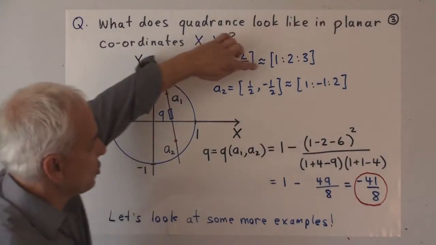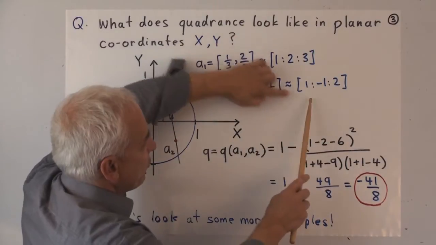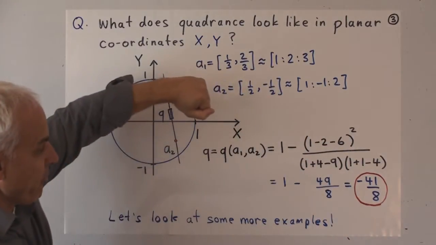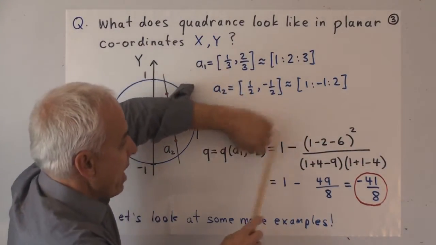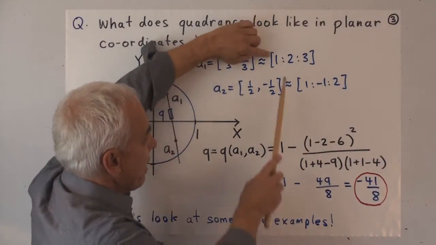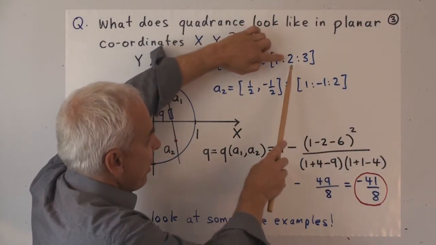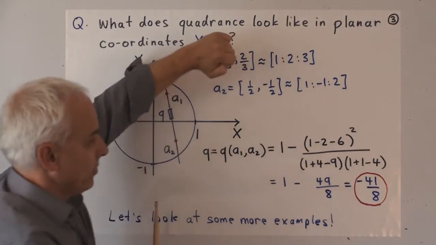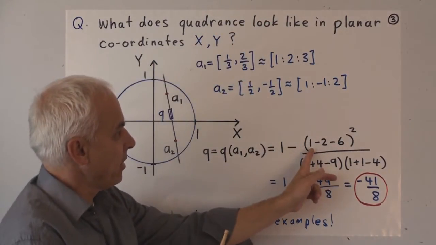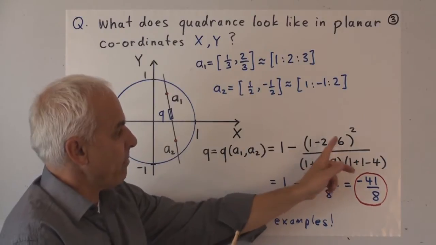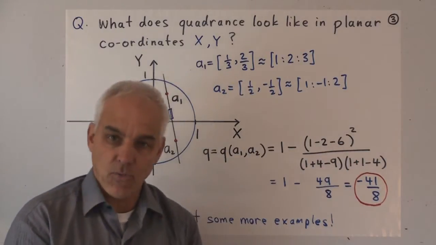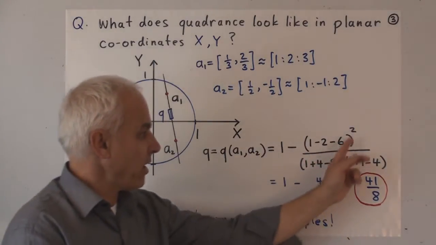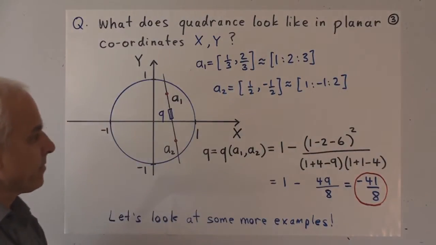We have to take these two coordinates, this triple and this triple, and apply the formula, which is what? 1 minus. Now in the numerator we have 1 times 1 plus 2 times -2 minus 3 times 2. So altogether 1 minus 2 minus 6, all squared. Remember to square that expression.